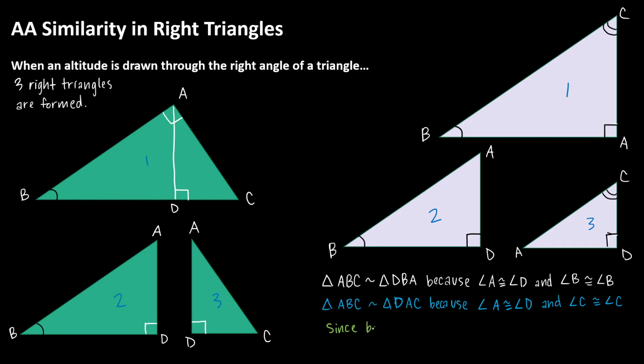Since both smaller triangles are similar to triangle ABC, they are similar to each other.